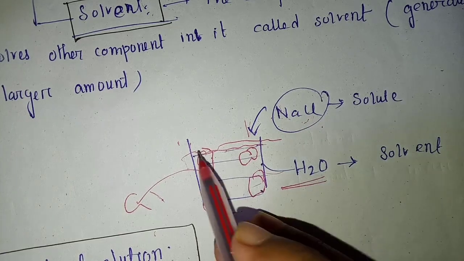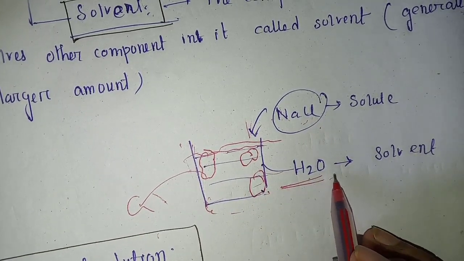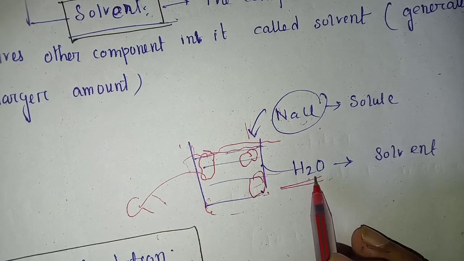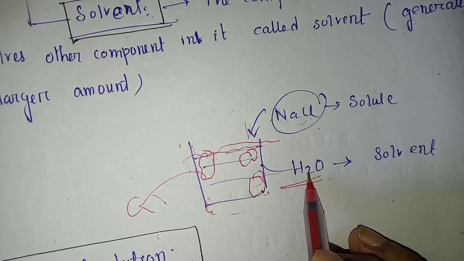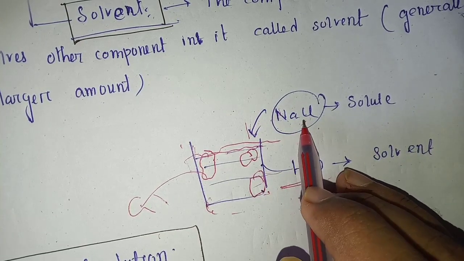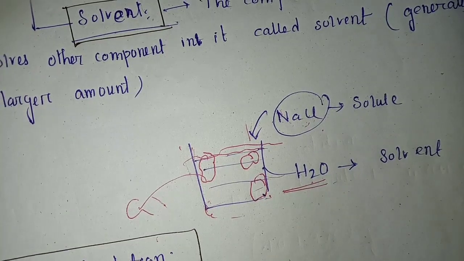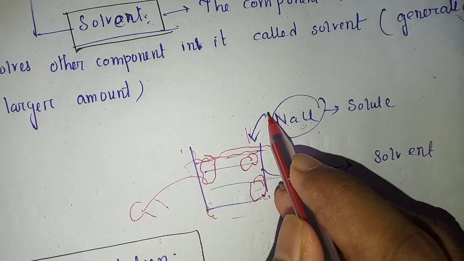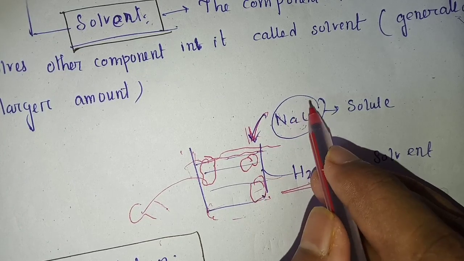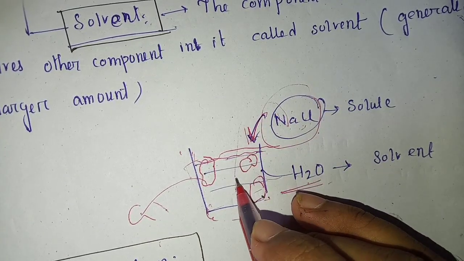Suppose this is my whole solution, then H2O is in the maximum quantity, and the amount of NaCl is minimum compared to H2O. When I add this NaCl, it is dissolving.